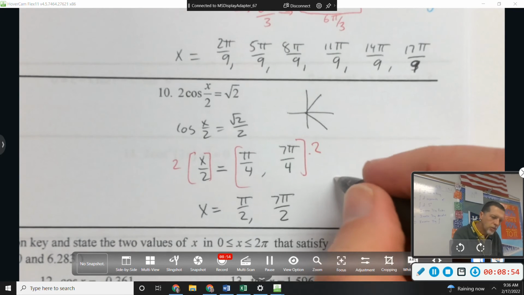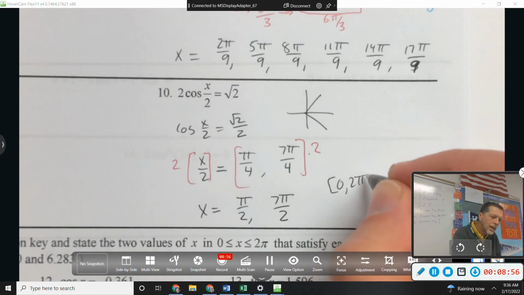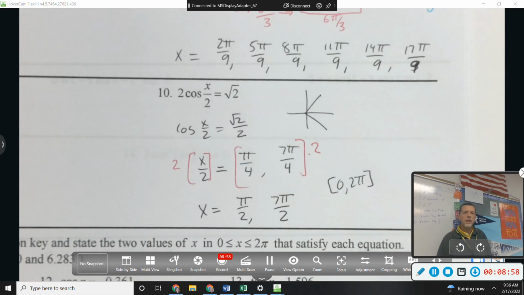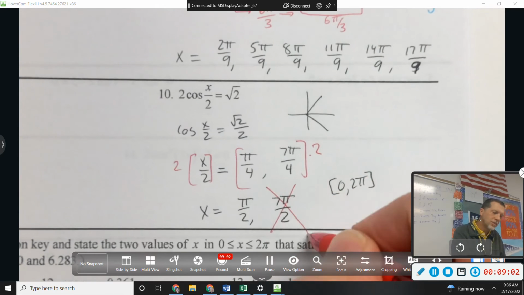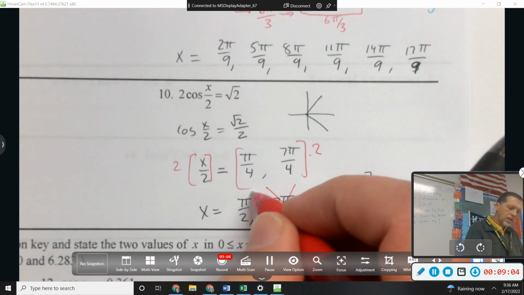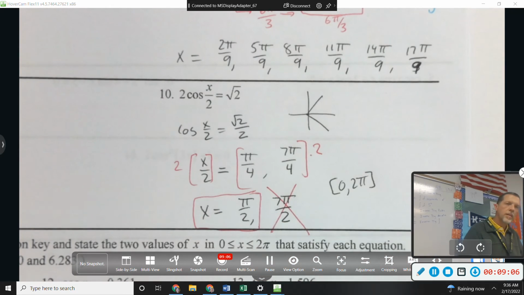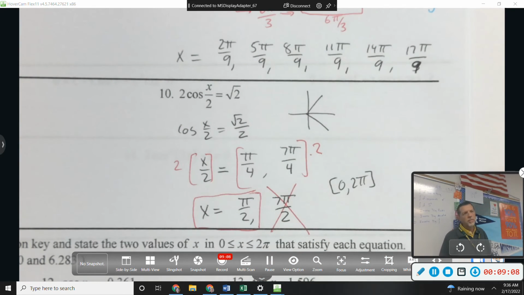And I want answers between 0 and 2 pi. That means that 7 pi over 2, I don't need that one. That one's too big. But it doesn't always cut the number of answers in half. So you have to be careful on that one.